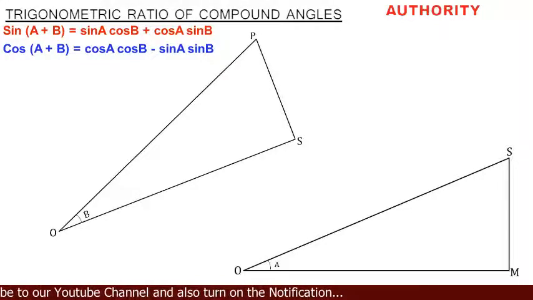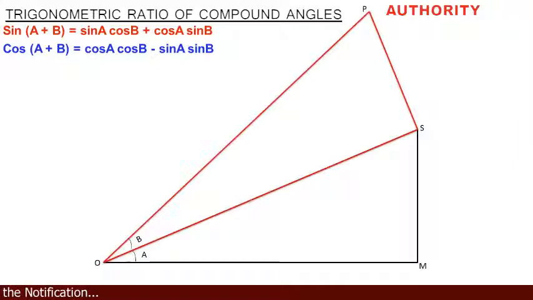We have another triangle OPS. Now let's join this together, like this, so that we're going to have OPSM. And you know that our OPS has angle B.